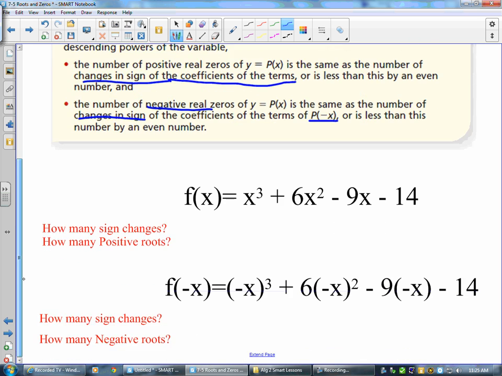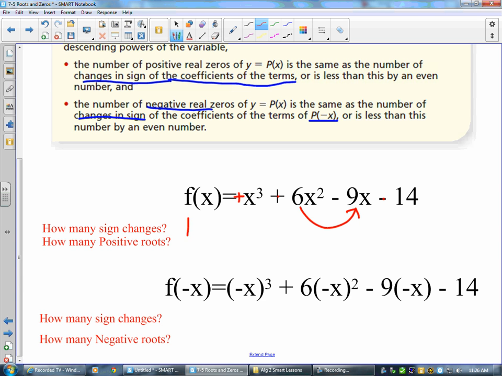Okay, so in other words, if I have this problem, I look for how many sign changes. It's starting out positive, so positive to positive is still positive. Here it goes from positive to negative. That's one change. And then it stays negative as we read it left to right.